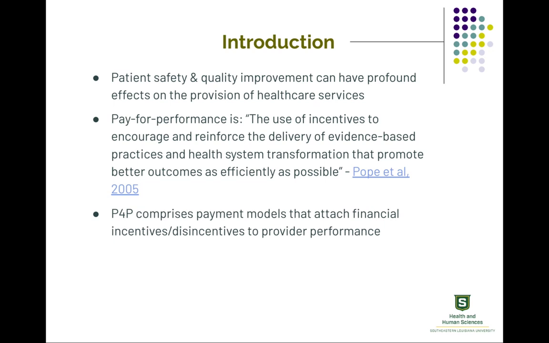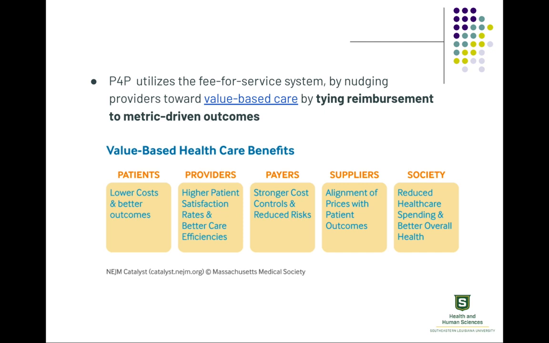So P4P comprises a number of payment modules that have financial incentive or disincentive attached to them, and whether providers are getting those incentives or losing payments depends on how they are performing on a number of metrics. So there are specific quality metrics that are used. So P4P utilizes a pay for service system.